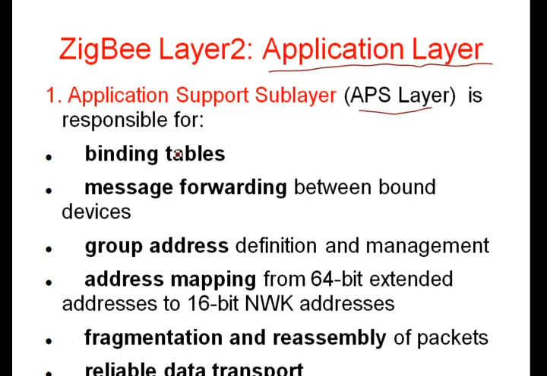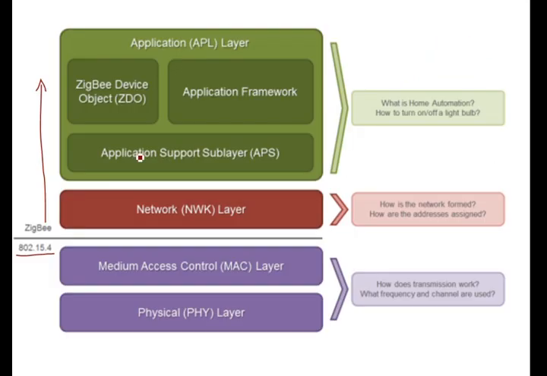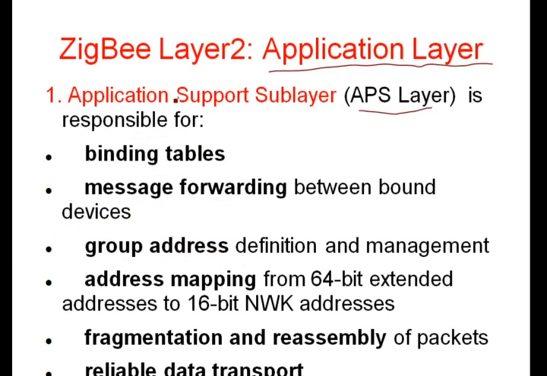What this part of the application layer does is it is useful in binding tables, message forwarding between bound devices, then group address definition and management, then address mapping from 64-bit extended addresses to 16-bit network addresses.